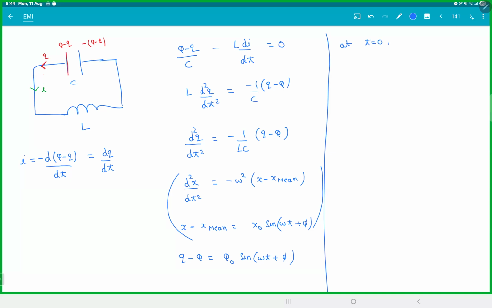At t equal to 0, q is equal to Q, so 0 is equal to q naught sine phi. So phi is 0. At t equal to 0, current is also 0. So I will be dq by dt, which will be q naught omega cos omega t.